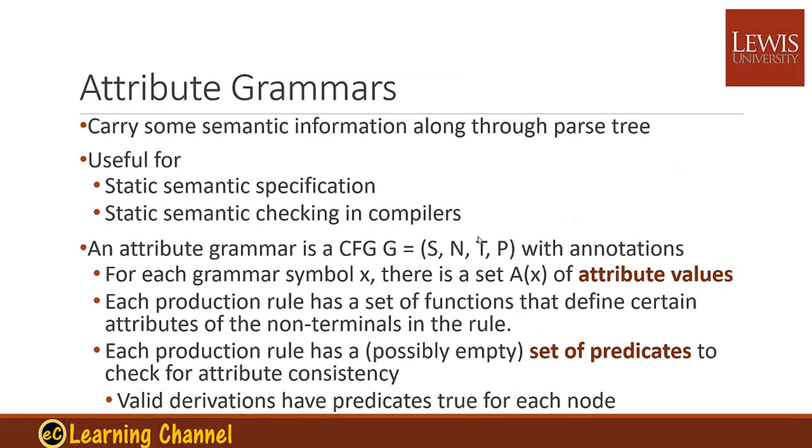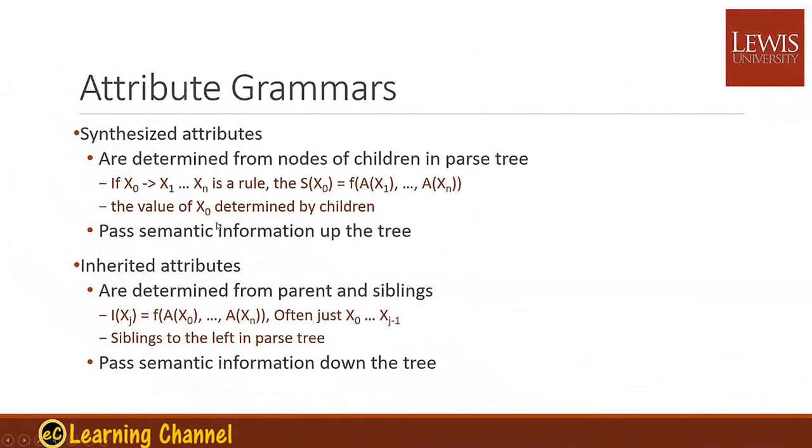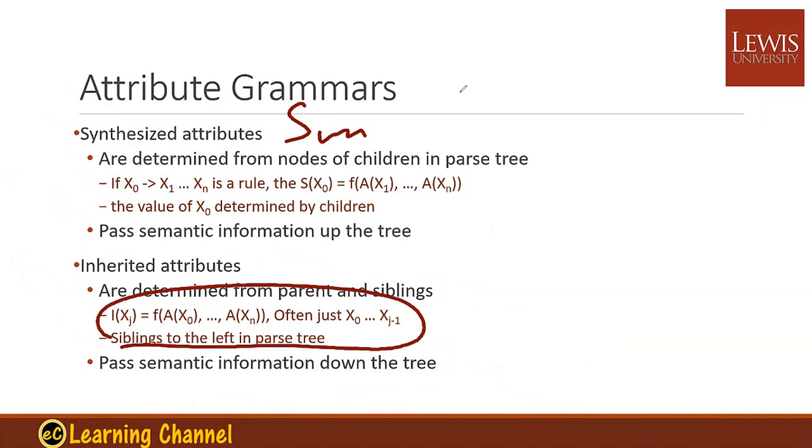So that is the synthesized result, and the other one is inherited. Inherited attributes are determined from parents and siblings. So an inherited attribute is from the parents and the siblings. Some are this type of inherited attribute from parents.